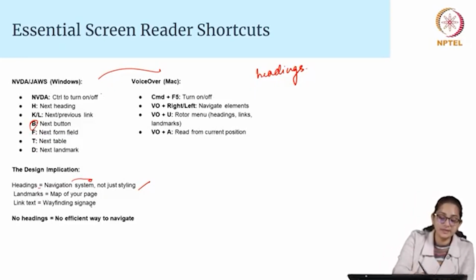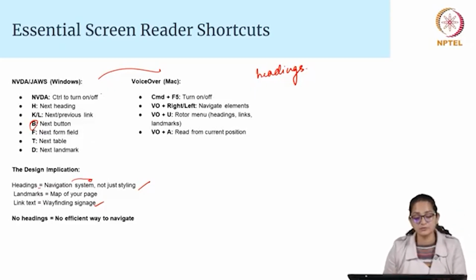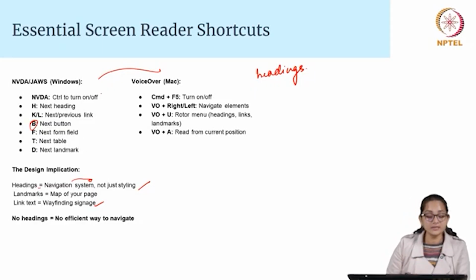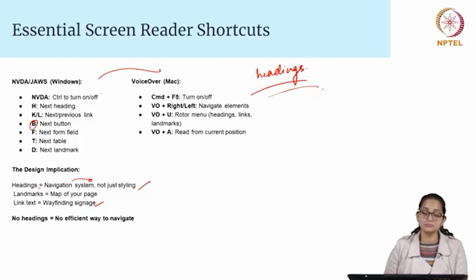Link text, wayfinding signage, all of that we have to add. The point is that if there are no headings, there is no efficient way to navigate. So make sure you think about headings most definitely when you are creating your website or digital product architecture.